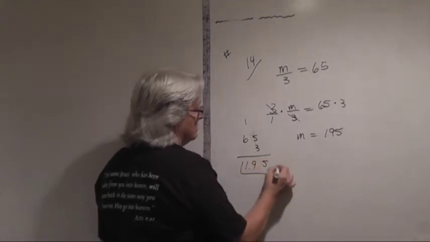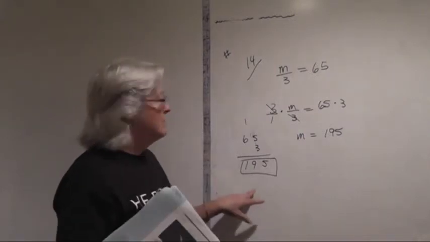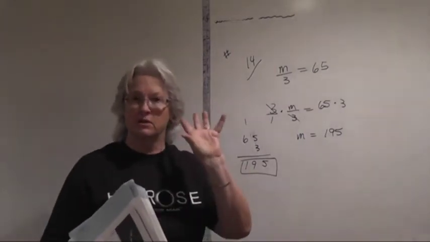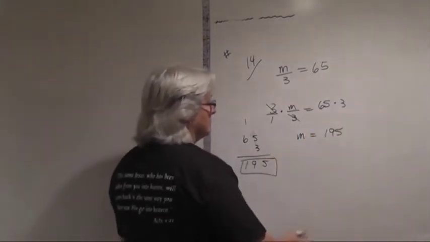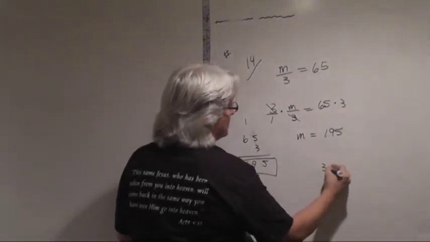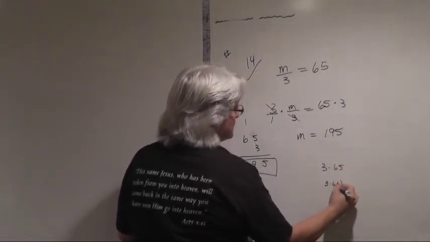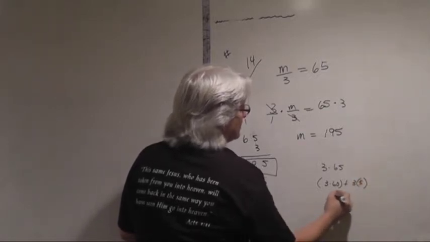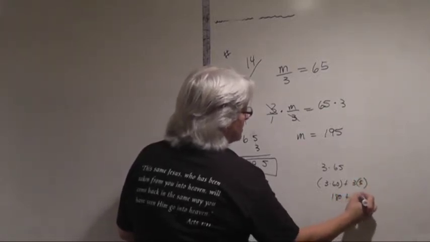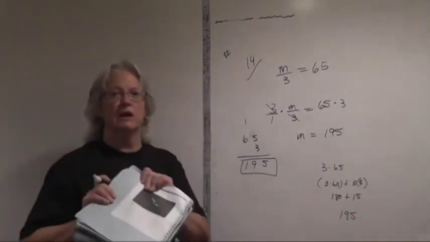Plus 1 is 195. For those of you who might be interested in mental arithmetic tricks, you can think of this as that 3 times 65 is the same as 3 times 60 plus 3 times 5. 180 plus 15 is 195.